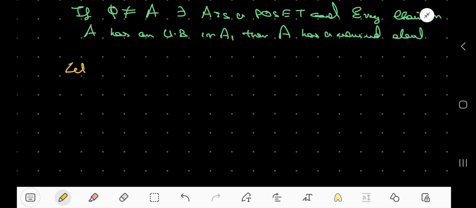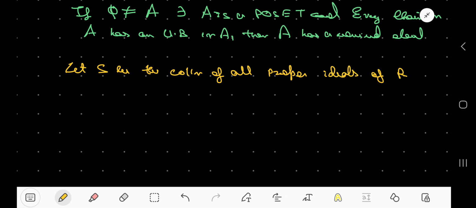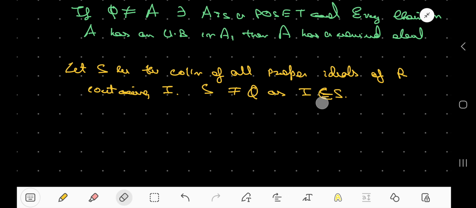Let S be the collection of all proper ideals of R containing I. Necessarily S is non-empty, as I itself is contained in S.